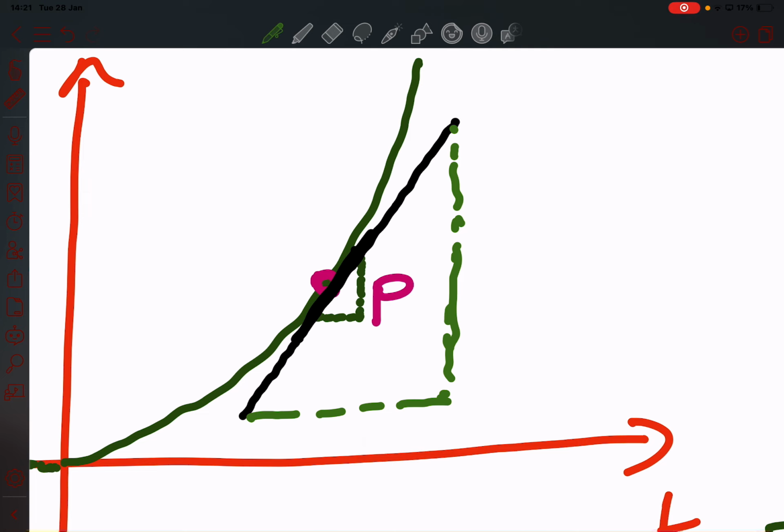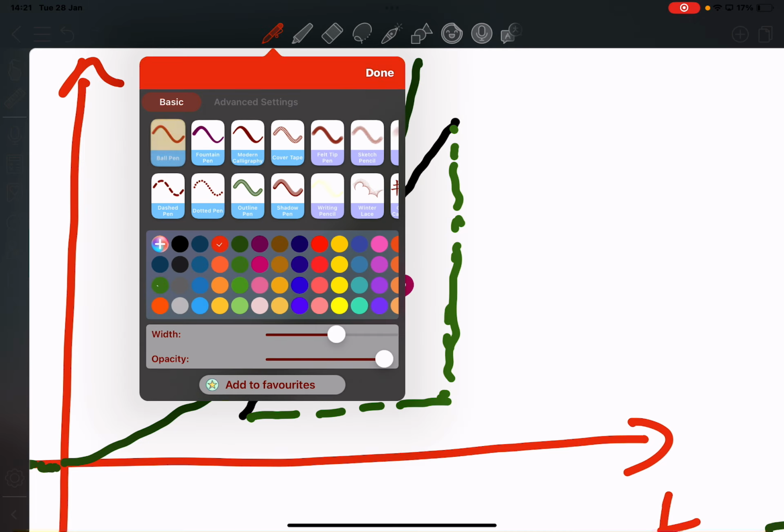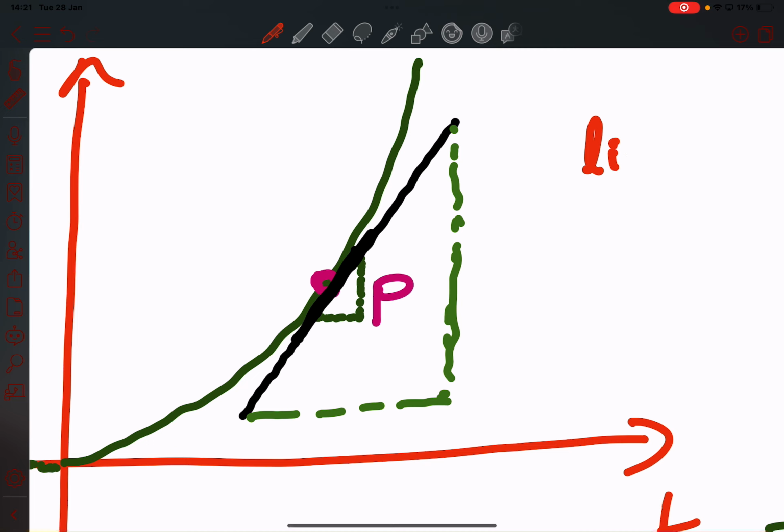And that is where the idea of limit comes in. We say limit h tends to 0 because you're trying to make that tangent line as infinitesimally small as possible so that it kind of fits perfectly into the point. So that is where the idea of limit comes in.